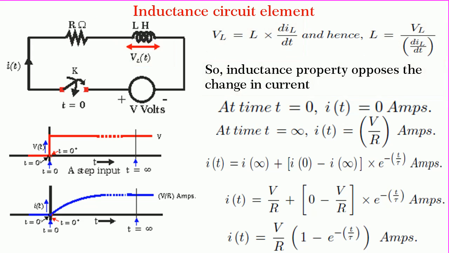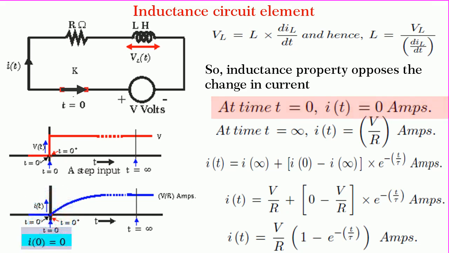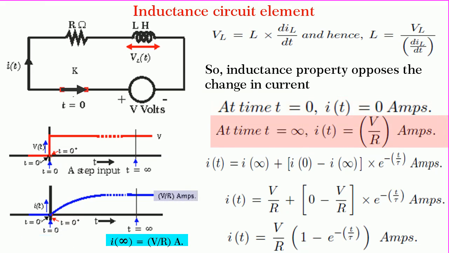Friends, when the inductance circuit element is switched across a DC source at t equal to 0, the variation of current I of t takes the form of an exponentially increasing curve as shown in the figure. By observing the graph, we find that I of 0 is equal to 0 and I of infinity is equal to V by R amperes.